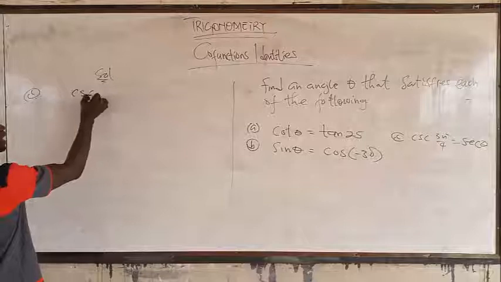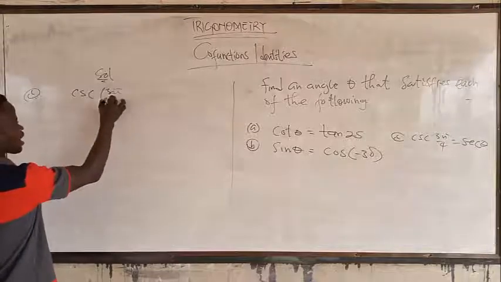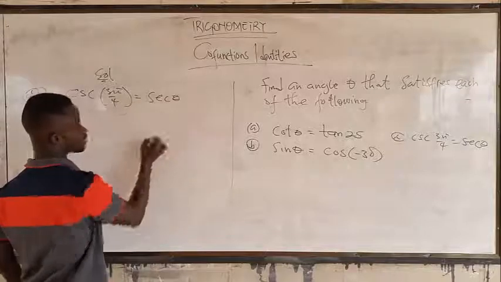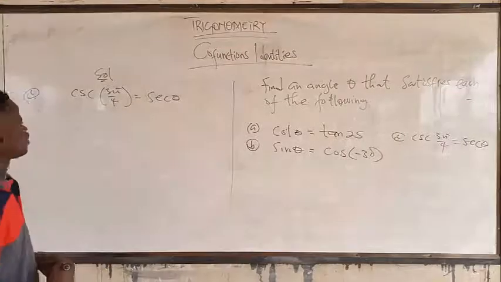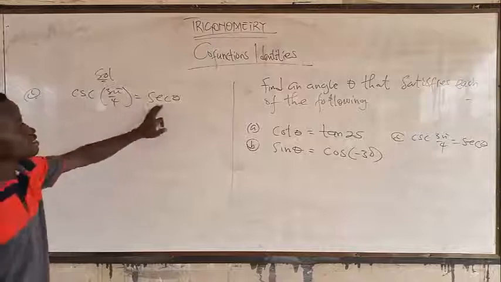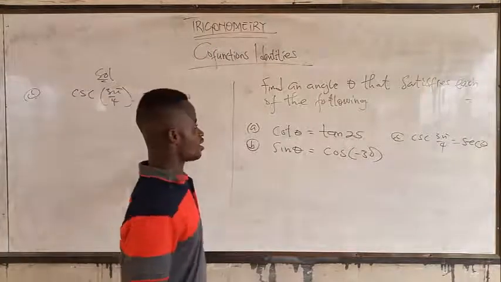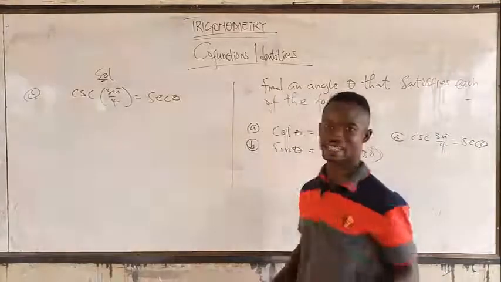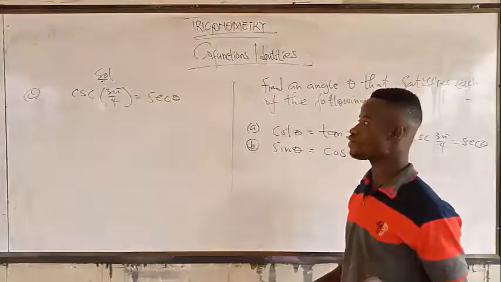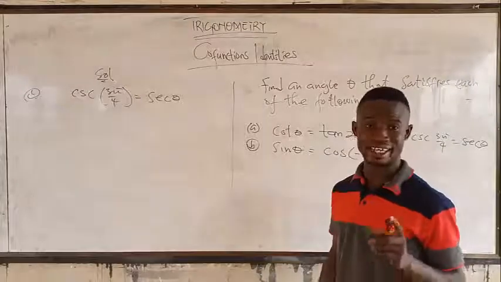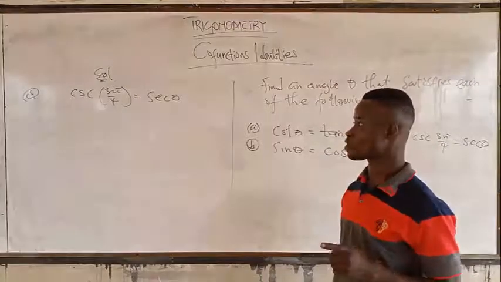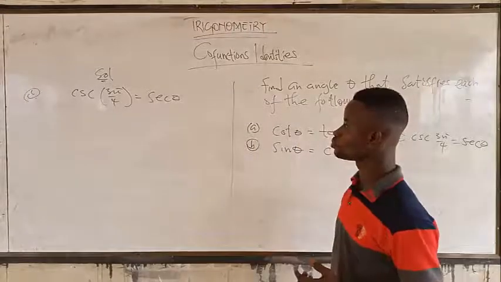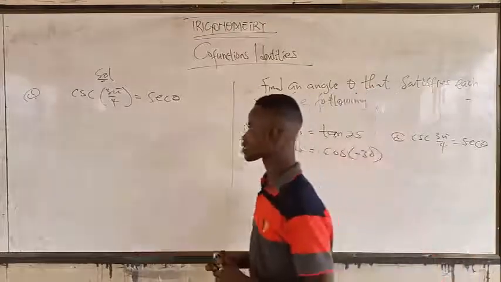We have cosec 3 pi on 4 to be equal to sec theta. All right. So both cosec and sec are related to one of the identities.